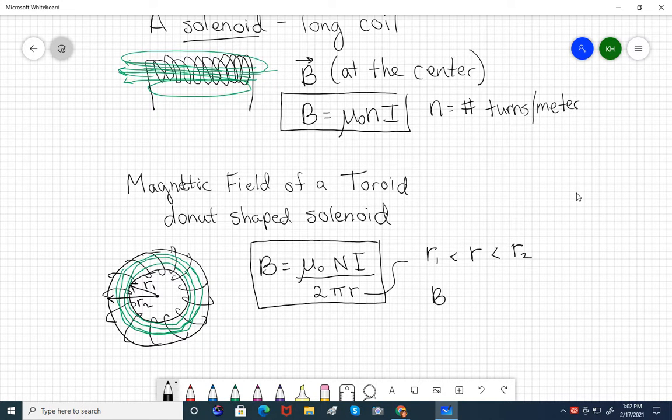The magnetic field will equal 0 outside the toroid. So if you're not in that range, the magnetic field is 0. B is confined to the interior, the inside.